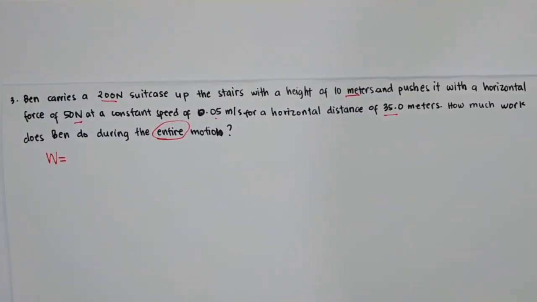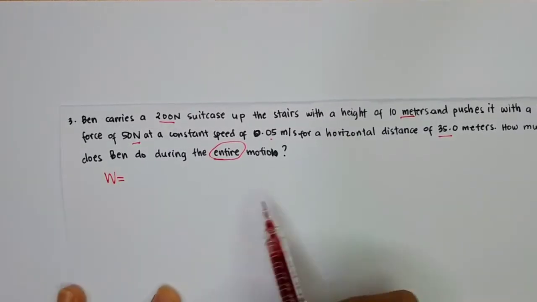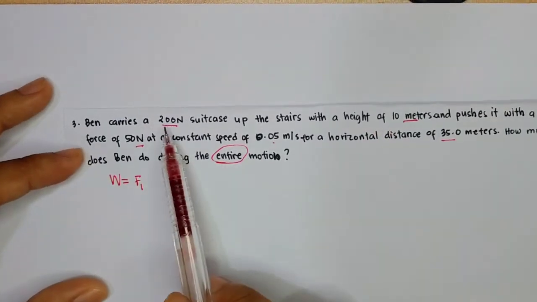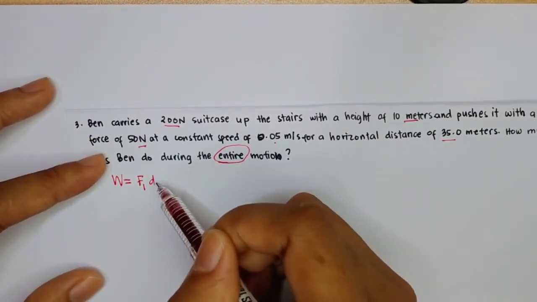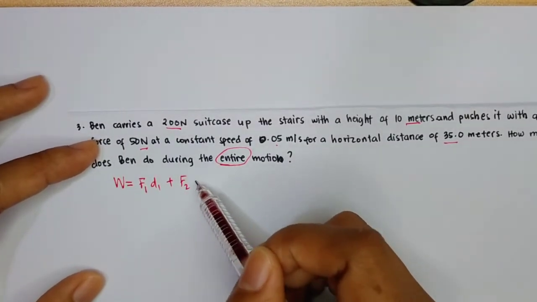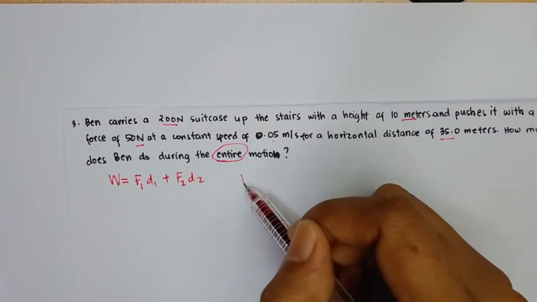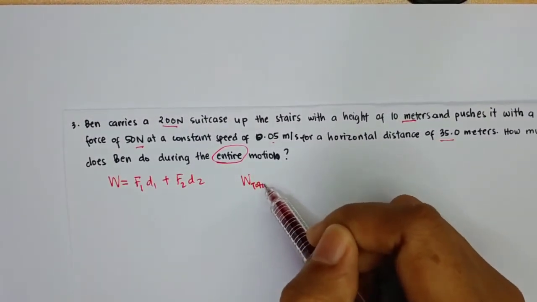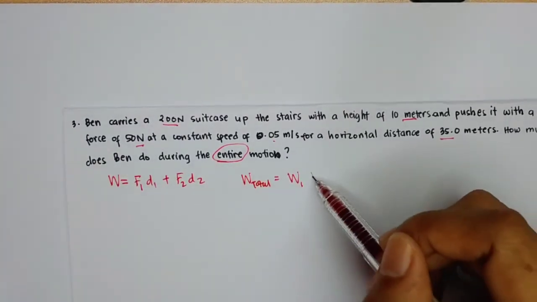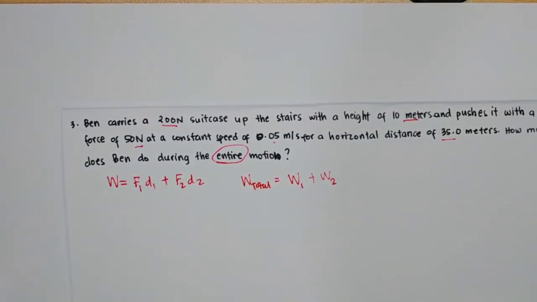So our formula, total work done, is F1 times D1 plus F2 times D2. Or we can do this like this: total work done will be work done on the first motion plus the work done on the second motion. So, it's the same.